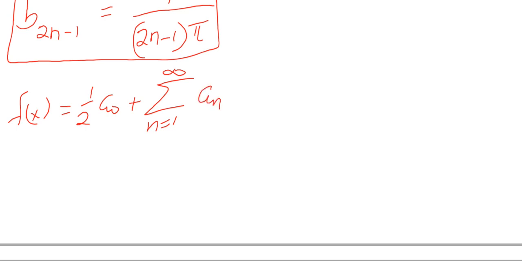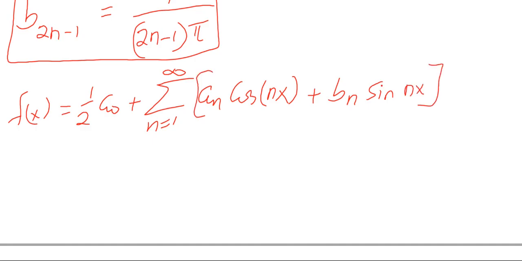I have an cosine of n pi x over L. Our L was pi, so this one was reducing to nx plus Bn sine of nx again. So now I'll substitute the values. A naught is 2 minus pi, so we divide that by 2.